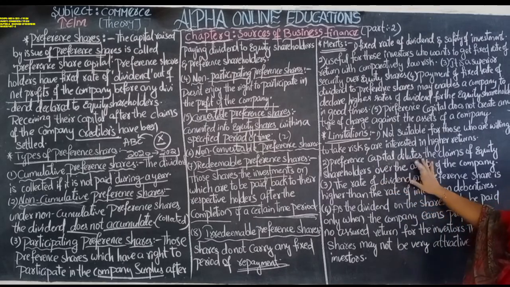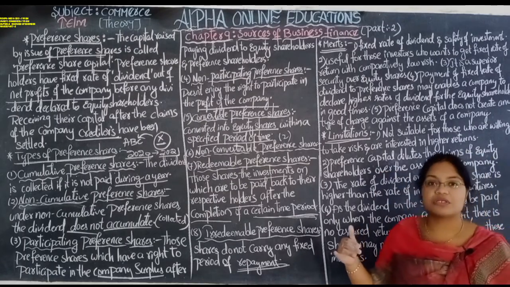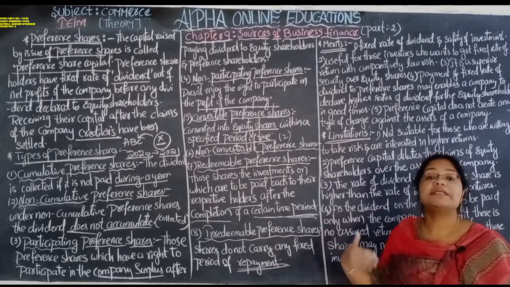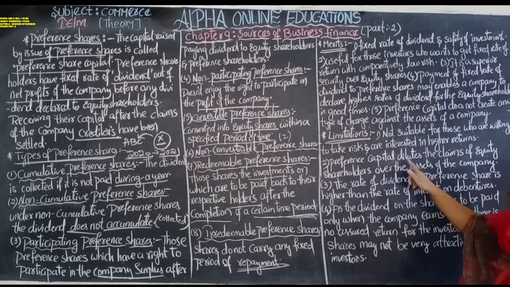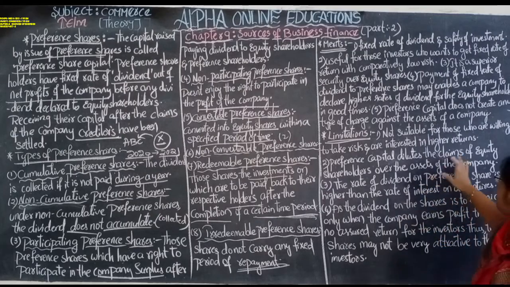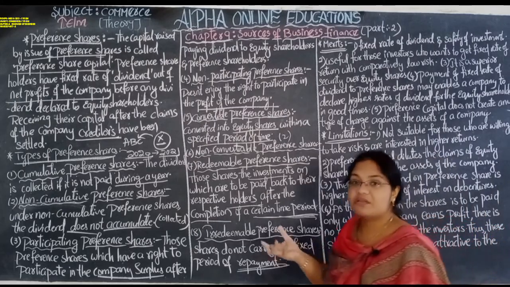Preference capital dilutes the claims of the equity shareholders over the assets of the company. Preference shareholders also bring capital.